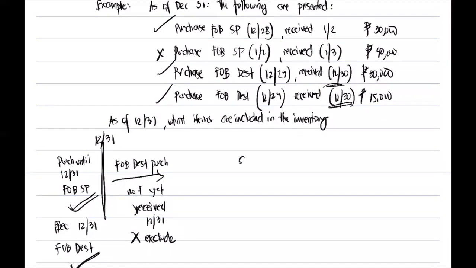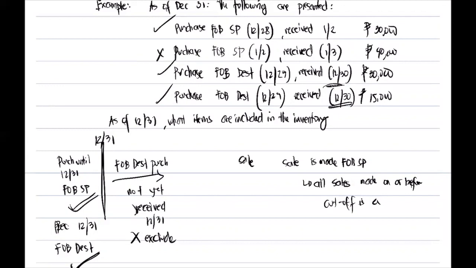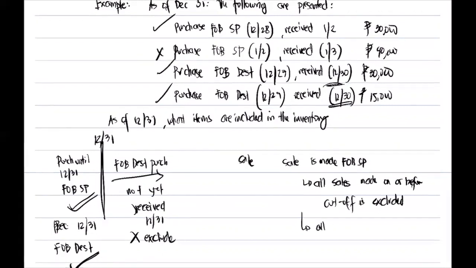So for a sale, what is the rule? For your sale, if the sale is made FOB shipping point, all sales made on or before cutoff are excluded.